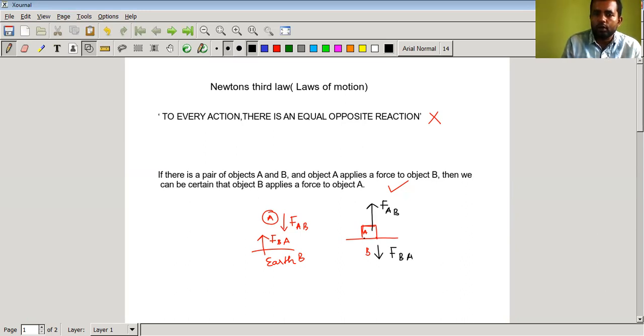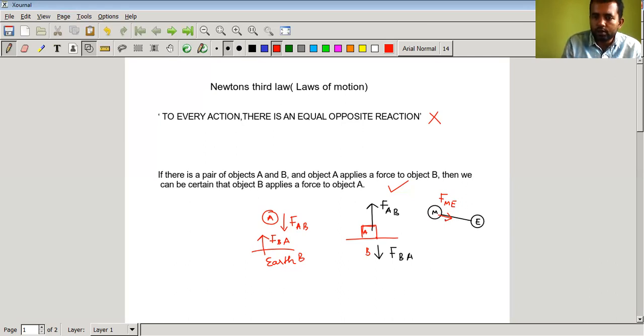Now, one more example. Let us say this is a moon, this is Earth. Of course, size is different, we all know, and this is a line joining them. Now there will be a force on moon due to Earth.